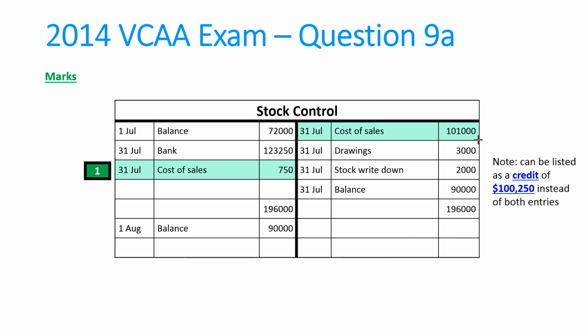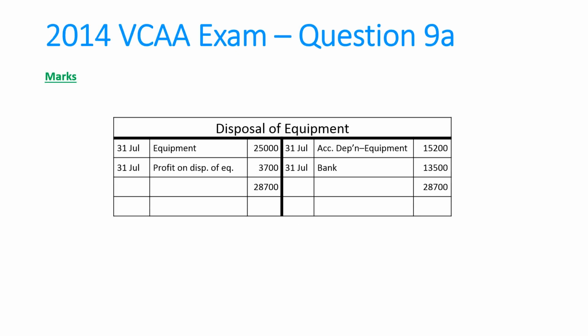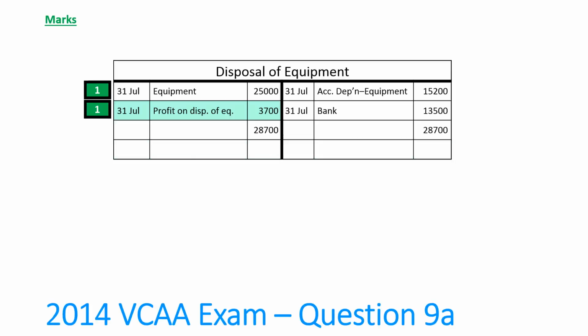It's going to work out the same. The second mark was for drawings, and the third mark was for the stock write-down and the balancing in the next period. Looking at the disposal of equipment, there was 2 marks straight up if you got the bank figure right, and if you didn't, there was 1 mark for the cost of the equipment and the accumulated depreciation, and 1 mark for the profit on disposal.